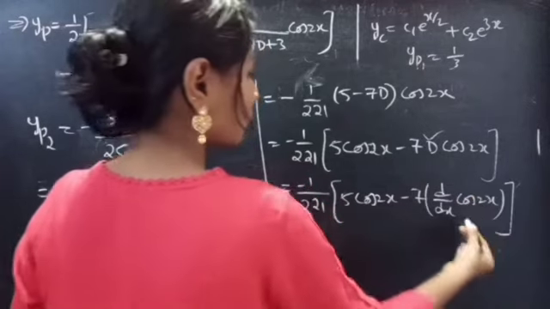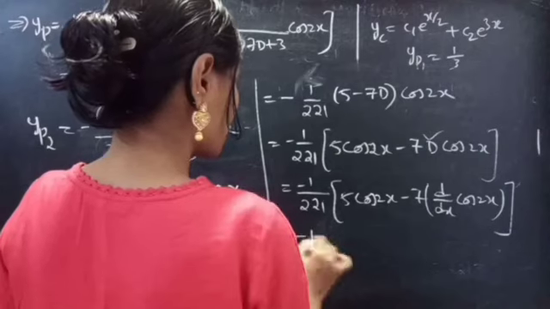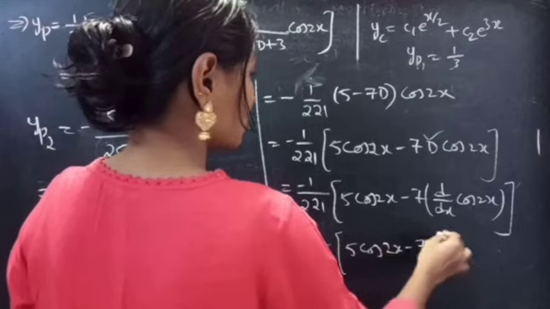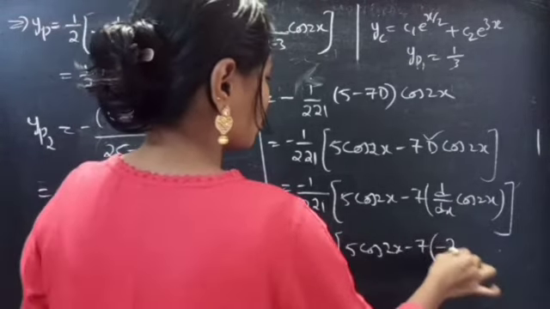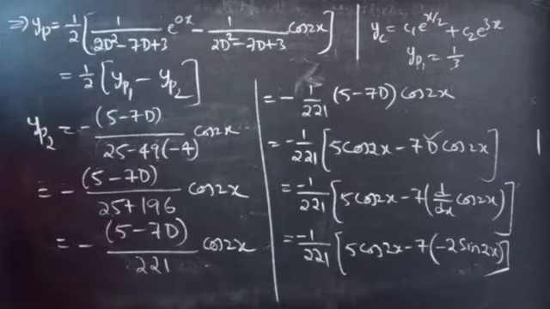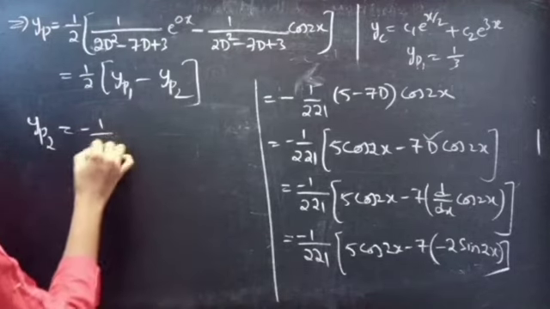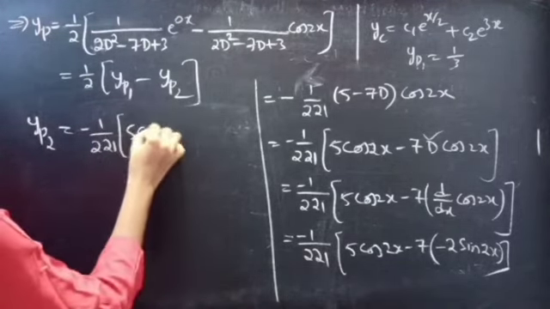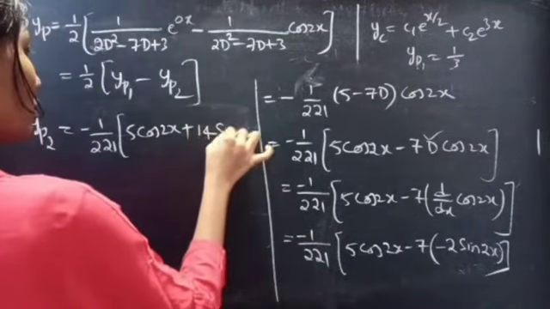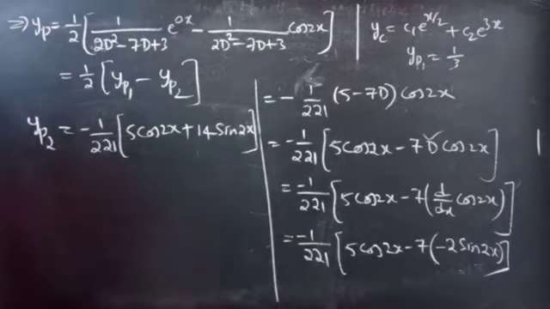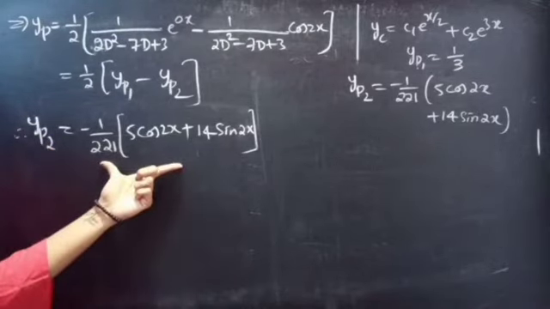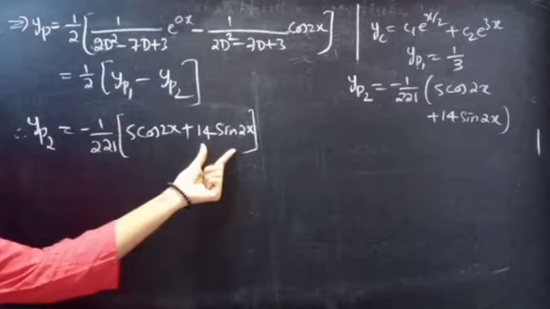We need to find the derivative of cos 2x with respect to x: -1 by 221 into (5 cos 2x - 7 into derivative of cos 2x, which is -2 sin 2x). Then yp2 becomes -1 by 221 into (5 cos 2x + 7 twos are 14 sin 2x). Therefore, yp2 equals -1 by 221 into (5 cos 2x + 14 sin 2x).